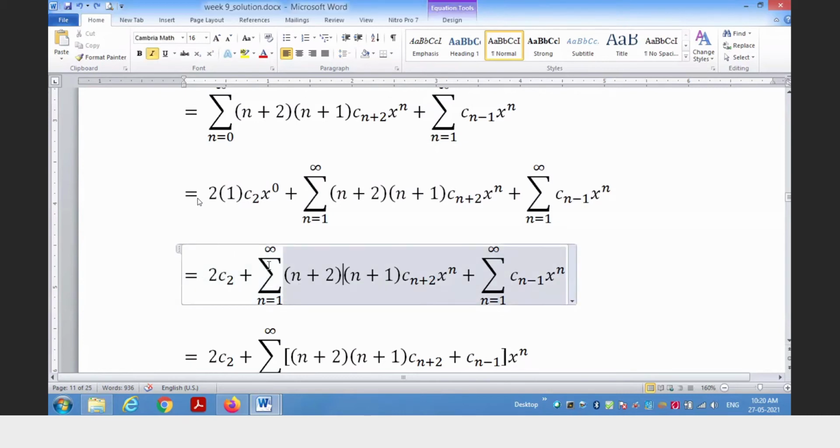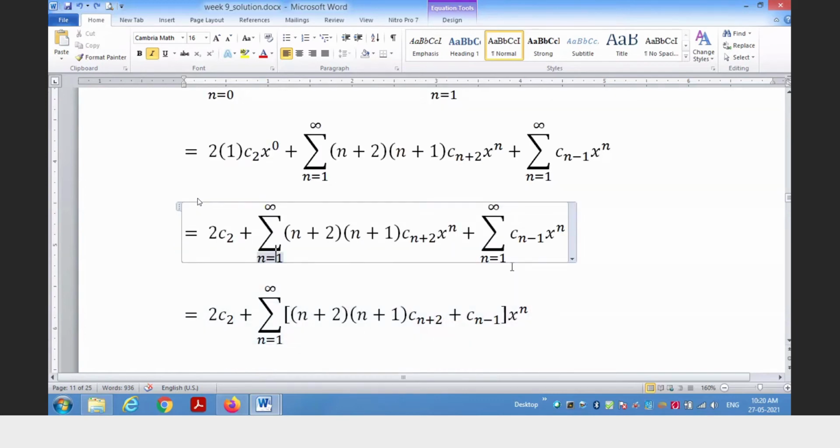If you refer to these summations, now the powers in both summations are the same, which is x to the power of n, and the indices are the same as well. Now both start with n equal to 1, so we can combine.